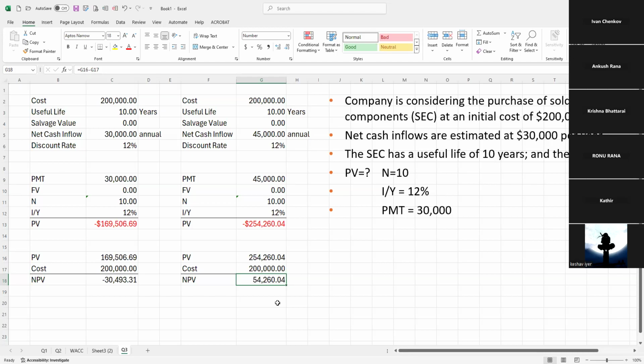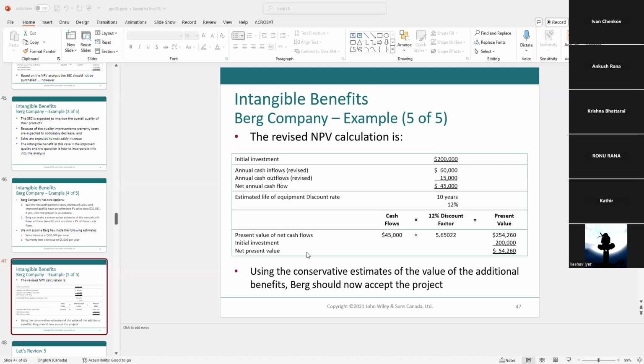It just tells you that this project with these parameters is definitely going to cover 12%. And obviously you're going to get more. So in this case, we're going to accept the project.